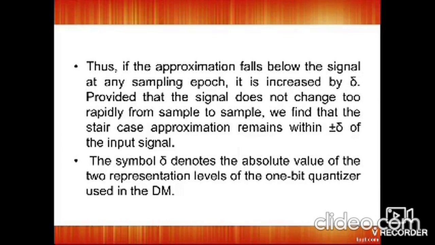So there is some plus or minus delta change. Simply, we can say that the difference between the input signal x of t and the delta modulated staircase approximated signal is confined to two levels, plus delta and minus delta.